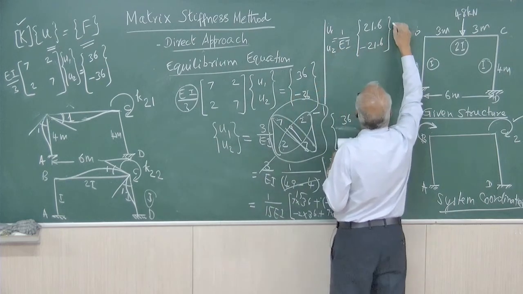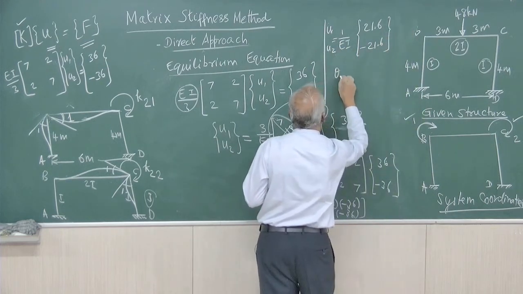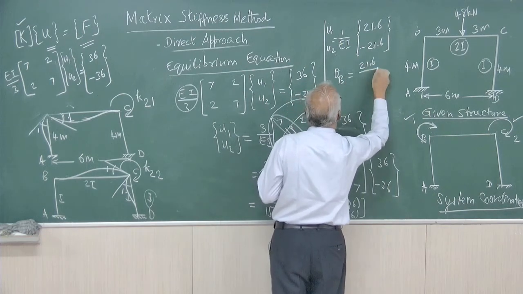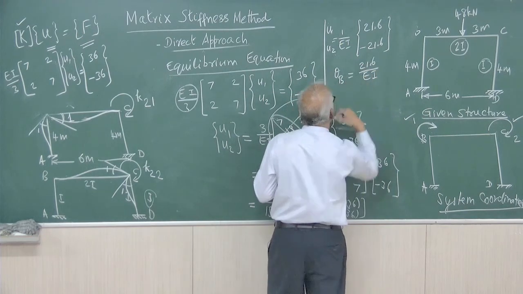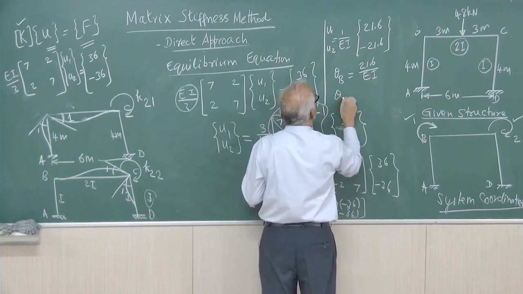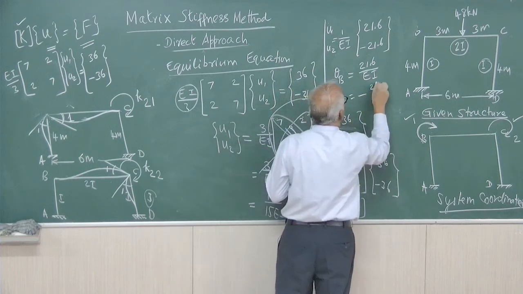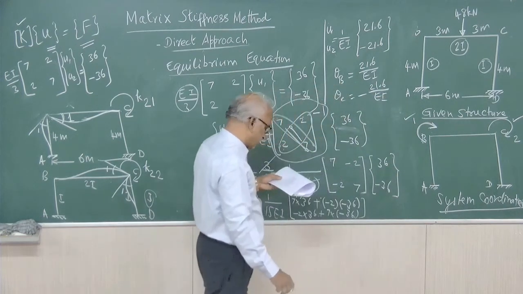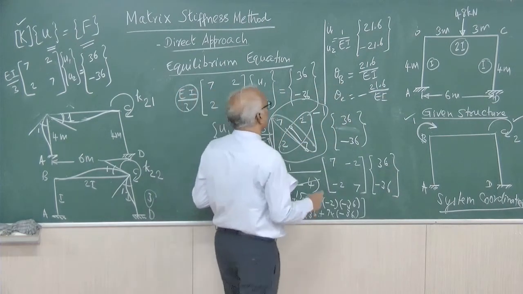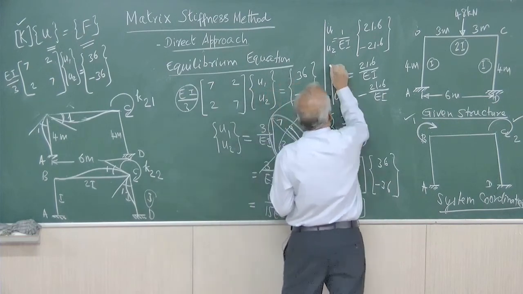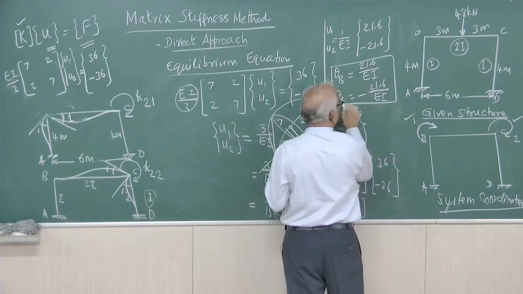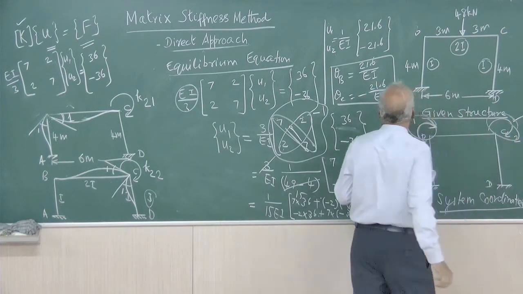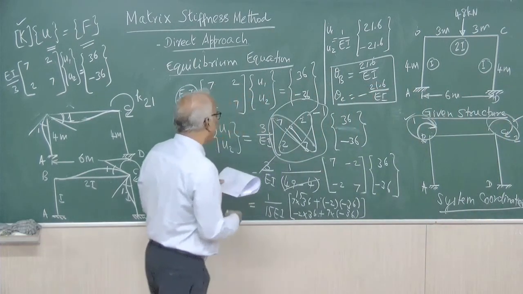U1 is theta B equal to 21.6 by EI, and theta C equals minus 21.6 by EI. These are the values of U1 and U2, so U1 is theta B and U2 is theta C. They are the unknowns.